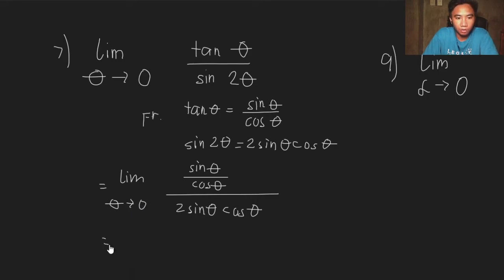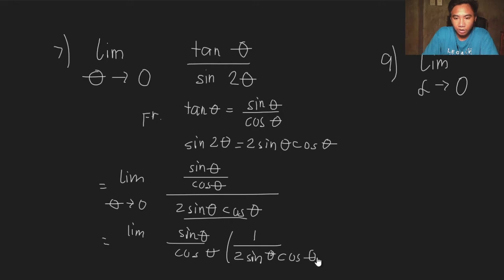So, reciprocal lang natin yan. The limit of sine theta over cosine theta, reciprocal, magiging denominator na to, and 1 all over 2 sine theta cosine theta.